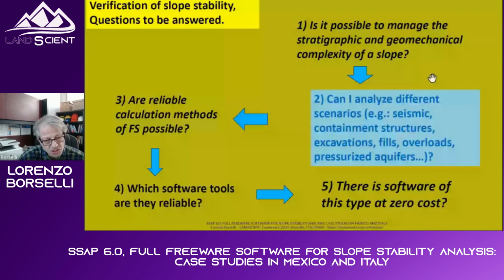Are there reliable methods to evaluate the safety factor or degree of stability? What kinds of software tools are reliable, and does some type of software exist at zero cost?